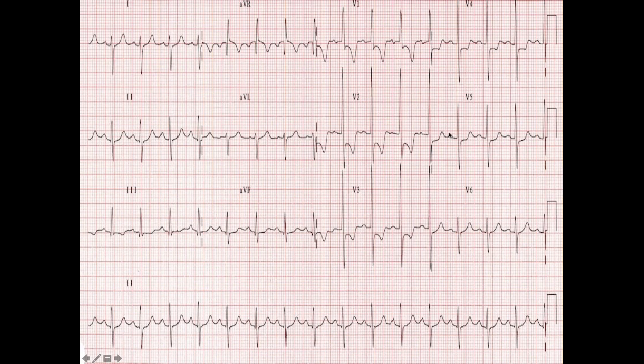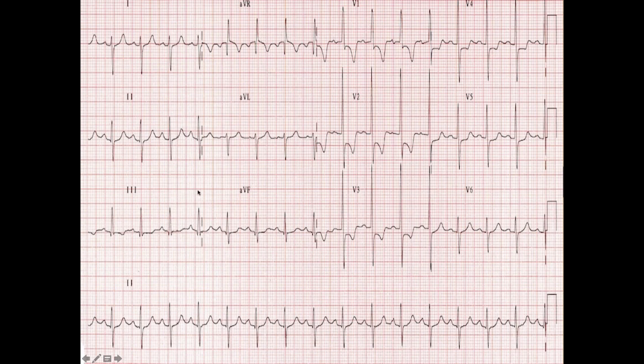I didn't count the beats per minute, so a sinus rhythm. What about axis? Lead 1 is down, AVF is up. What's that tell you? Tells us right axis deviation. So we're starting to think left posterior fascicular block, left posterior hemiblock.